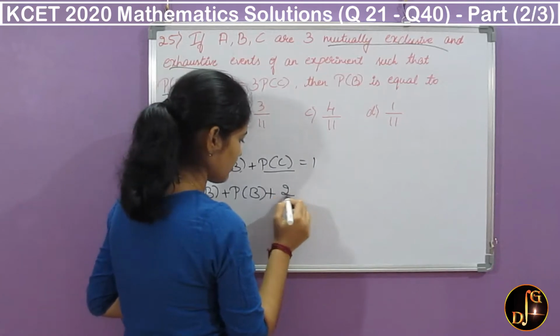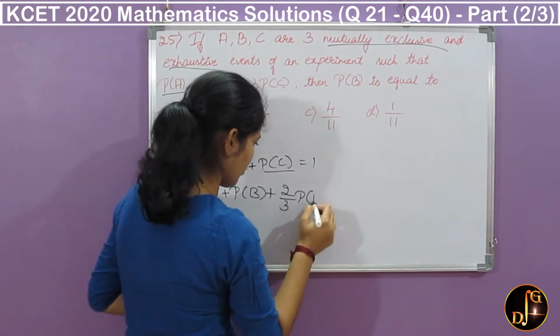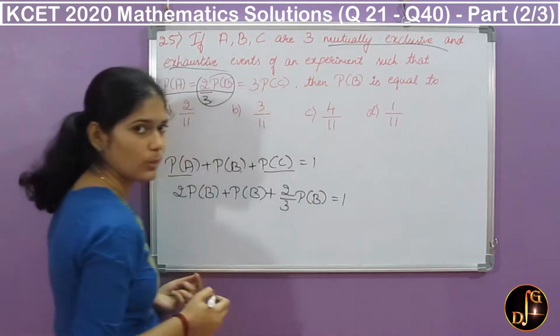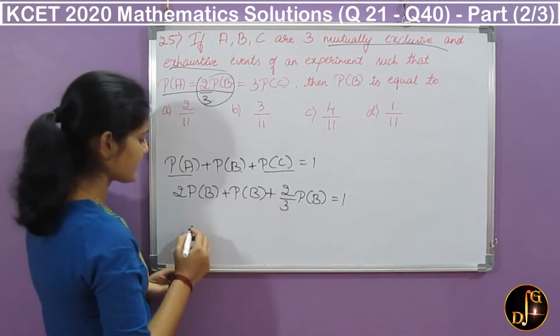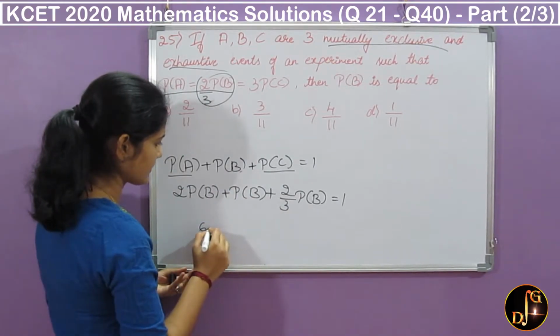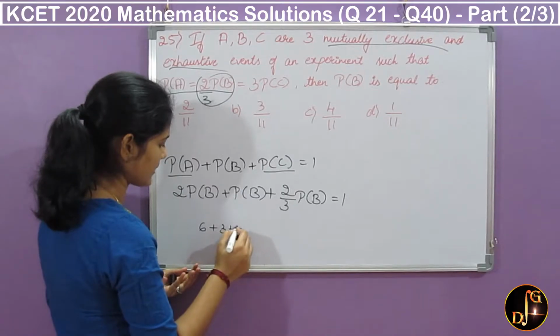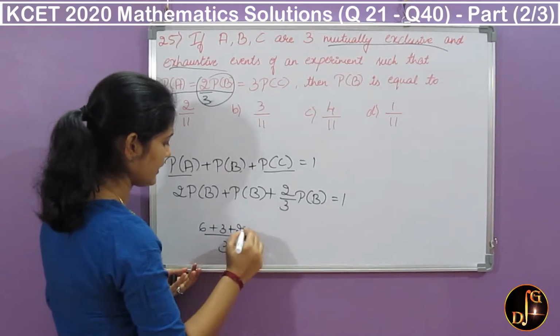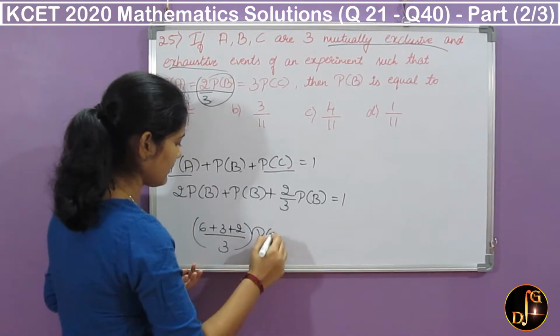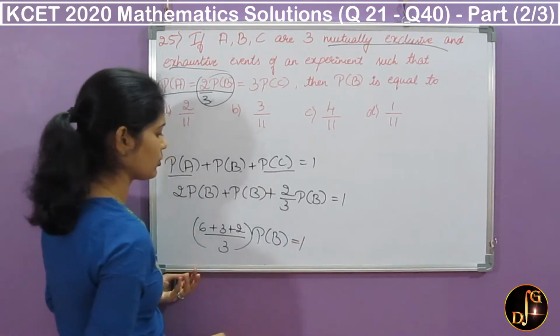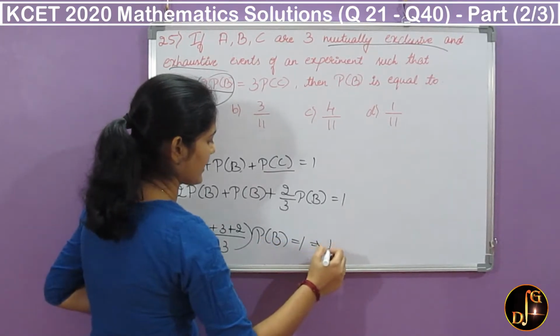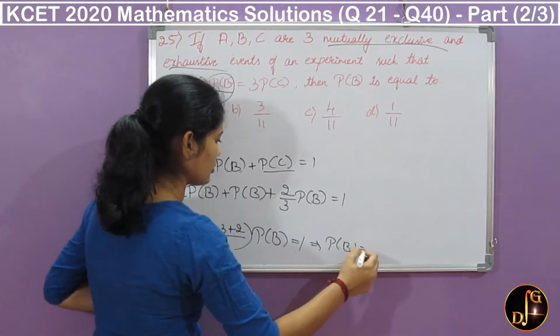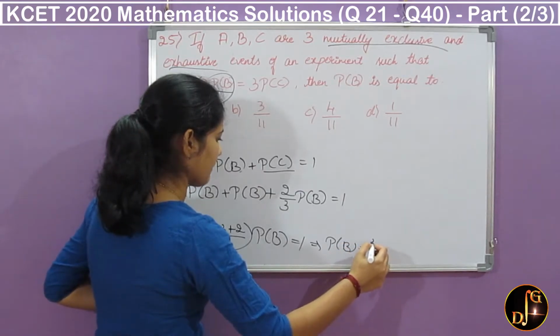So it is 2 by 3 into probability of B, that is equal to 1. Let's take the LCM. Then we will get 6 plus 3 plus 2 divided by 3 into probability of B is equal to 1, which implies probability of B is equal to 3 by 11.